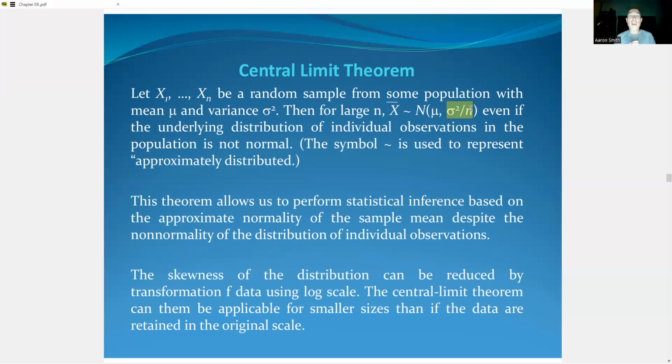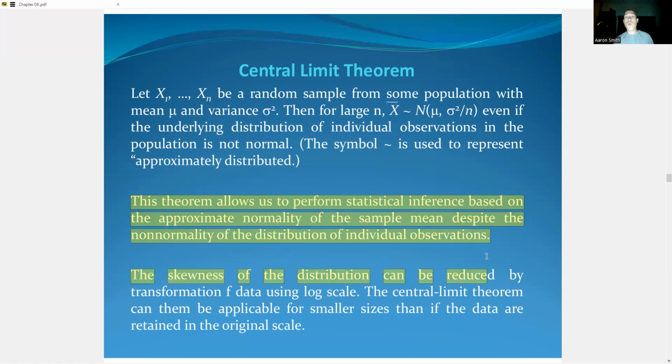All right, in mathematics, if you see theorem and you see a name, you know it's a big deal. Central limit theorem is a big deal. This theorem allows us to perform statistical inference based on the approximate normality of the sample mean, despite the non-normality of the distribution of the individual observations. So why is this a big deal?